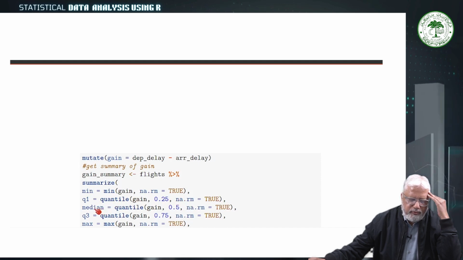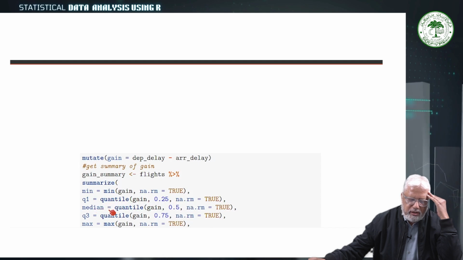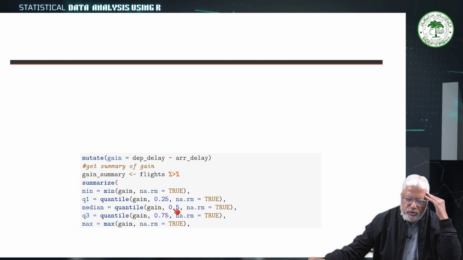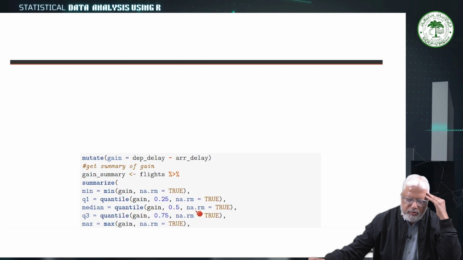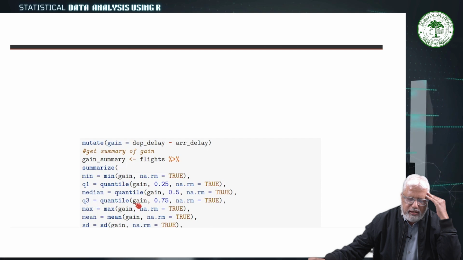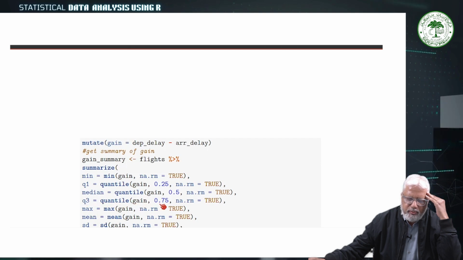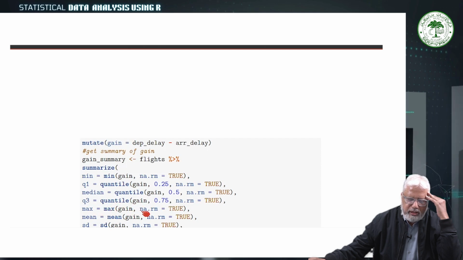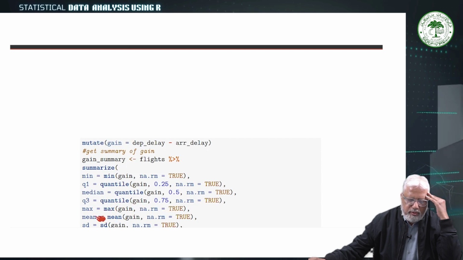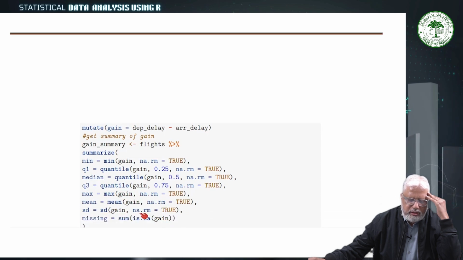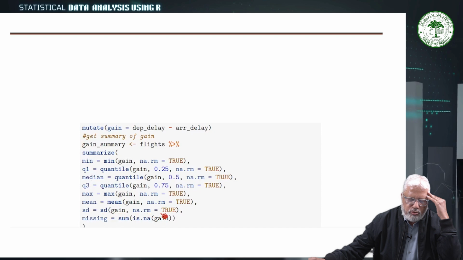Similarly for the second quartile or median, quantile of gain 0.5, prob is equal to 0.5, na.rm is equal to true. Then Q3 is nothing but the quantile of gain 0.75, prob is equal to 0.75, na.rm is equal to true. Then max is equal to max of gain, na.rm is equal to true. Mean of gain, na.rm is equal to true. SD is equal to SD of gain, na.rm is equal to true.